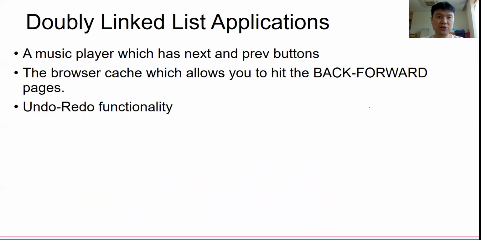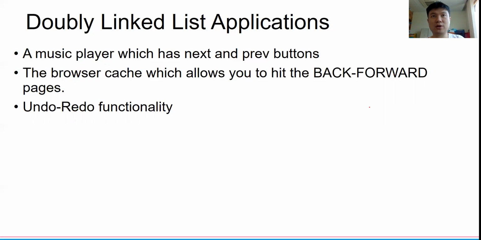Some applications of the doubly linked list would be the music player. In your computer or your smartphone, you have a music player with next and previous, so that kind of application would use a doubly linked list for sure. Also the browser, which allows you to hit back and forward page.